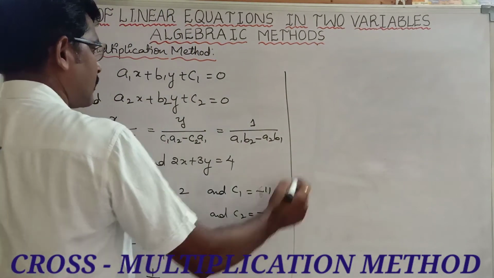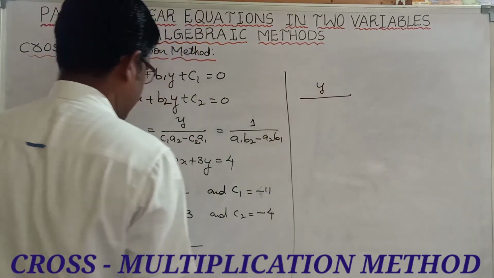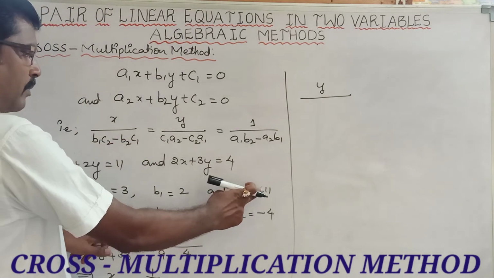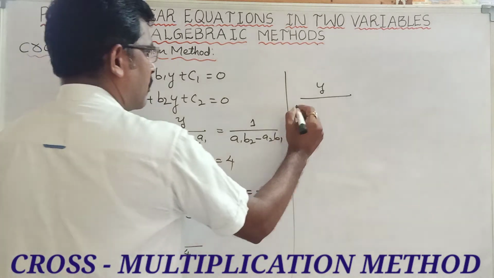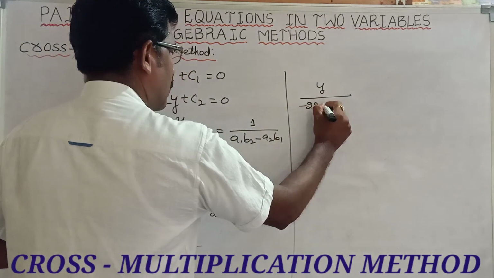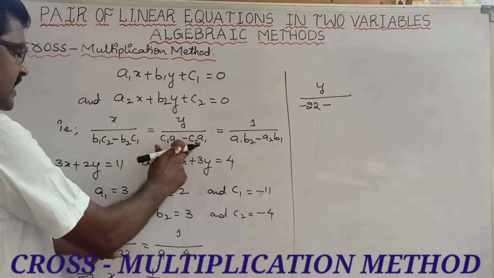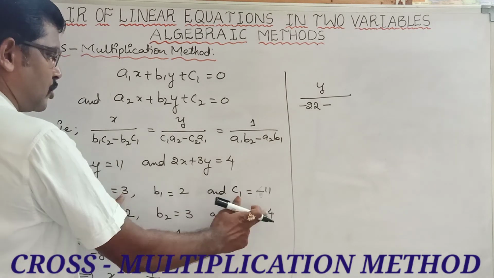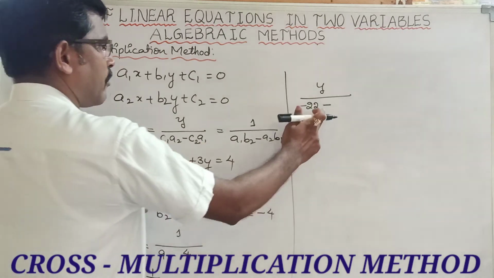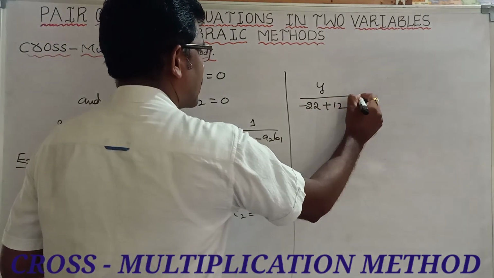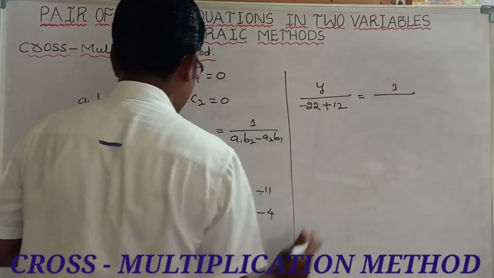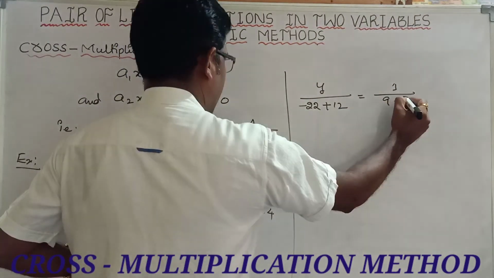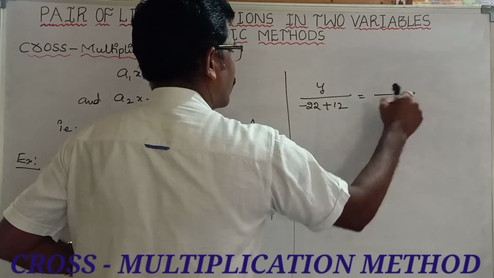Similarly, y by c1 a2, minus 11 into 2, minus 22, minus c2 a1, 3 into minus 4, minus 12, plus 12, is equal to 1 by a1 b2, that is 9, minus b1 a2, that is 4.